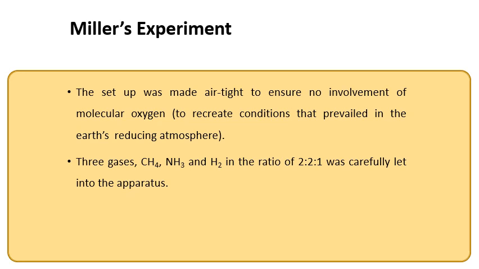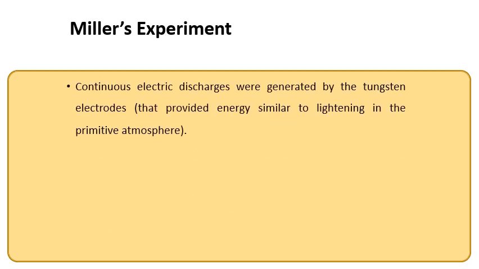The boiling water was made to produce steam continuously. This steam was allowed to mix with the gases present in the glass chamber, where these were exposed to a powerful electric spark with an electric shock of 75,000 volts.